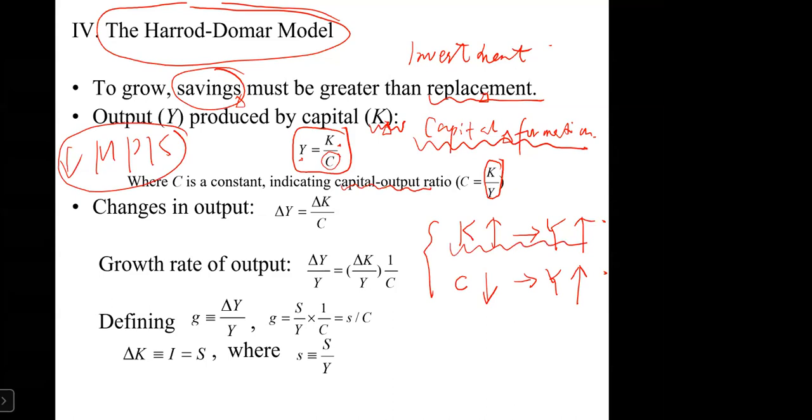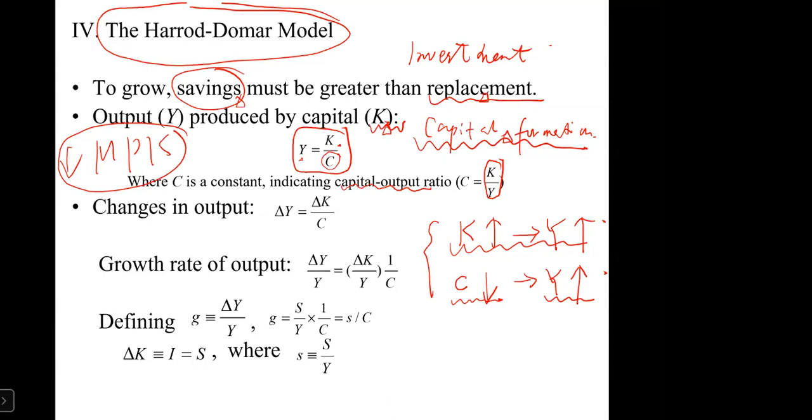Now, the lower the capital output ratio, the higher the growth. What does this mean? It just means that if we require less capital to produce the same amount of output, then an increase in capital is going to translate into a larger increase in output, because each unit of output requires less capital.